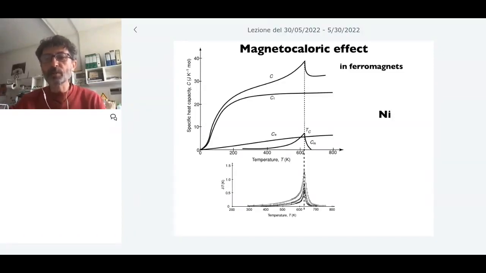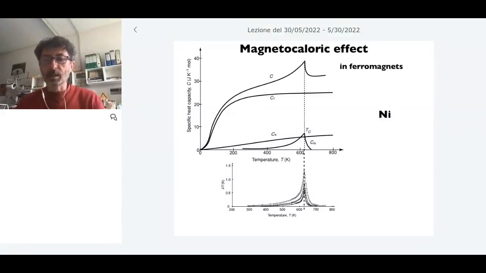Well, we have to look for this magnetocaloric effect close to the Curie temperatures, because it's there that we have the transition between order and disorder, and there, where we are close to the paramagnetic state, we have the ordering effect of the applied magnetic field.